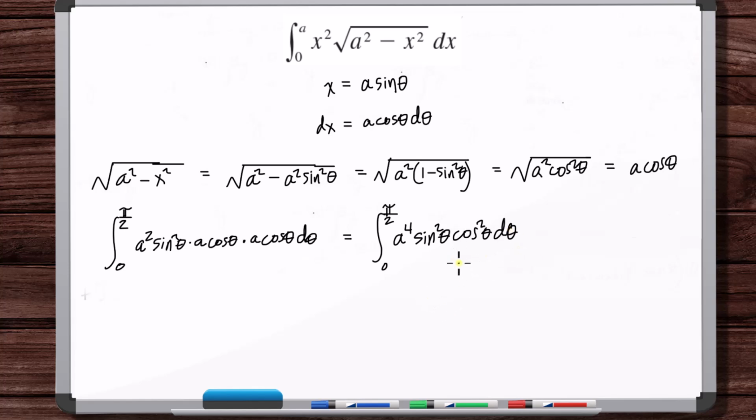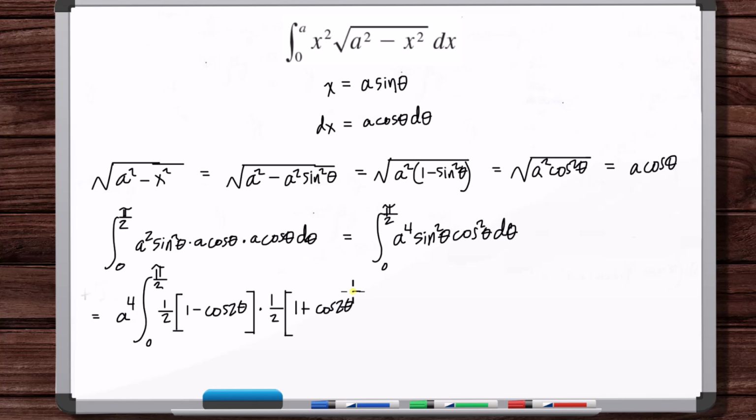Okay, so we need to use the half angle identities here. So we've got a to the fourth, and then sine squared of theta is 1/2 times 1 minus cosine 2 theta, and then cosine squared of theta is 1/2 times 1 plus cosine 2 theta.